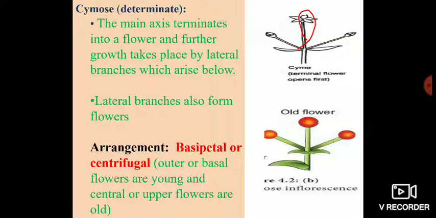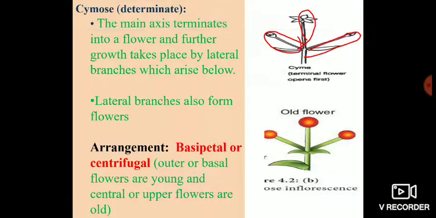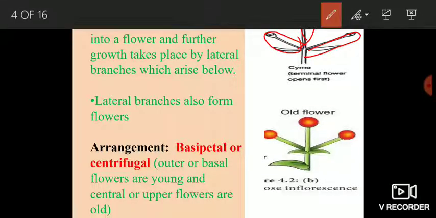When the main apex of the inflorescence terminates into a flower, the further growth of the inflorescence takes place by lateral branches which arise below. Here you can see these are the lateral branches which arise below the terminal bud, and these lateral branches form the flowers. Here you can see they have given rise to flowers.